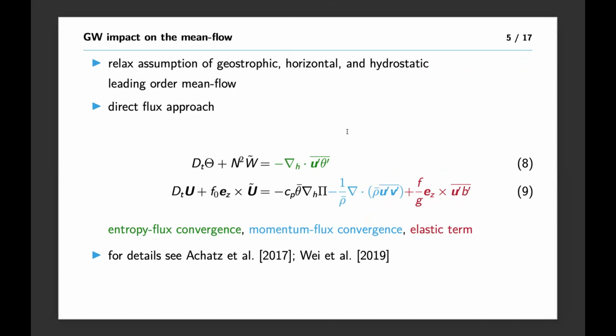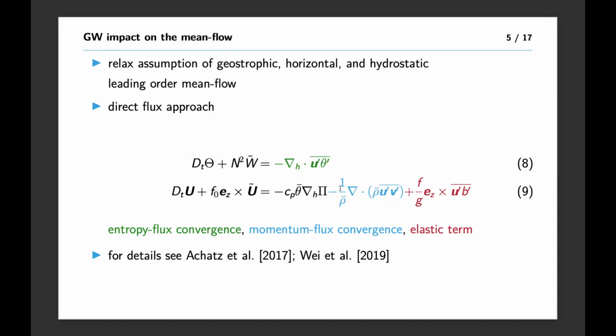However, in that approximation, there is no entropy flux convergence, and there's no elastic term. By the way, the elastic term emerges from the compressibility of the system. As Junhong Wei has shown, using all three terms leads to a way better agreement than just the typical pseudo-momentum flux convergence that you may find in many parameterizations.